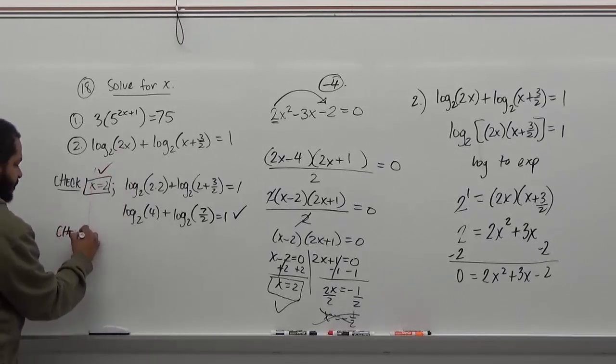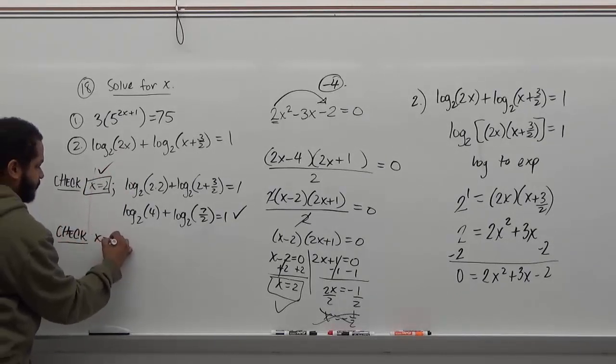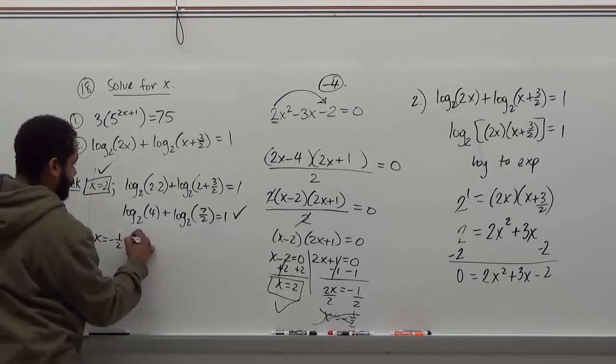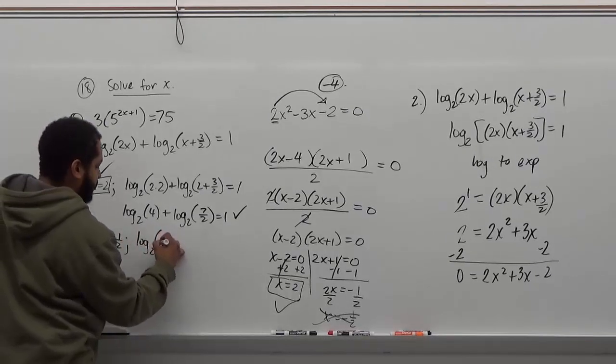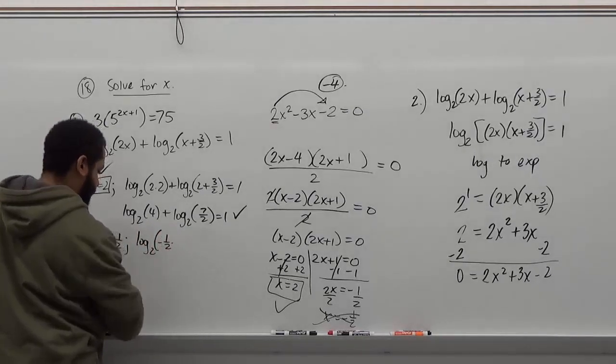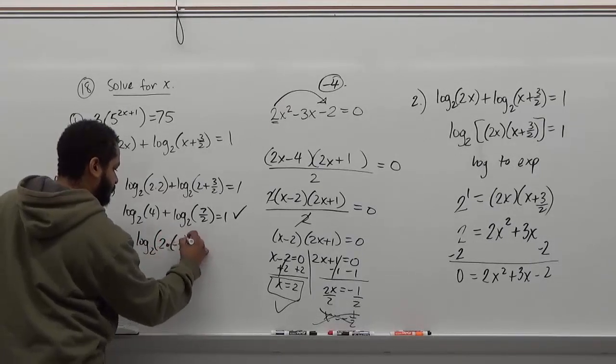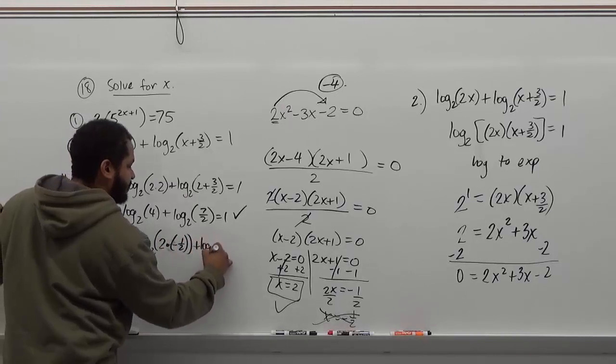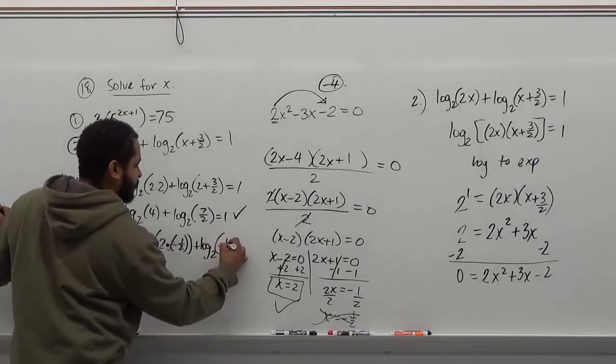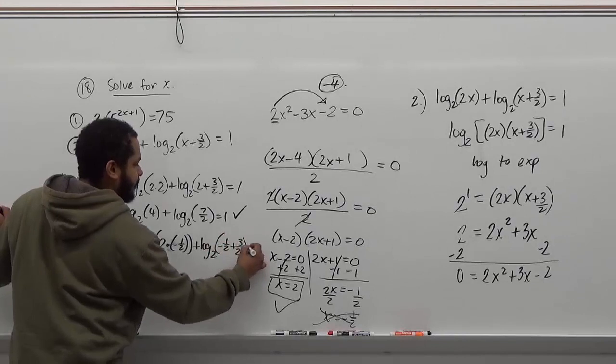When we go to check -1/2, what we get here is the log base 2 of 2 times negative 1/2 plus log base 2 of negative 1/2 plus 3/2 equals 1.